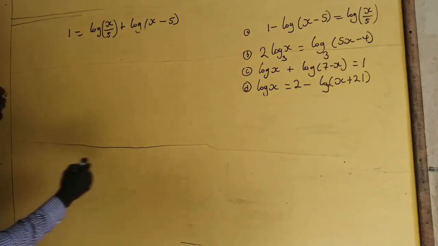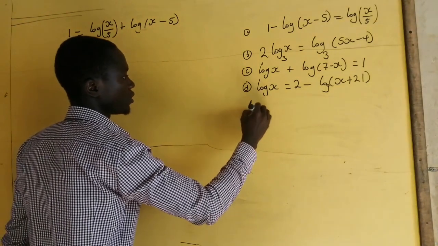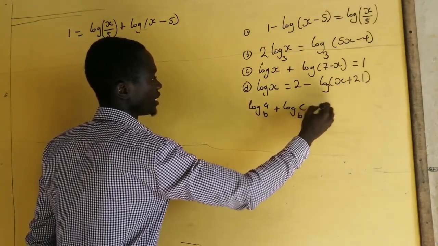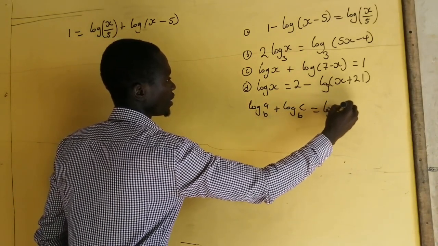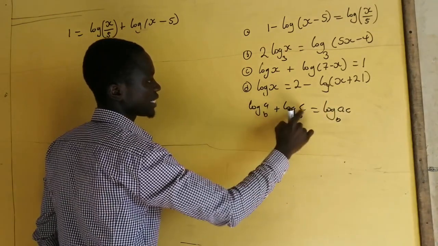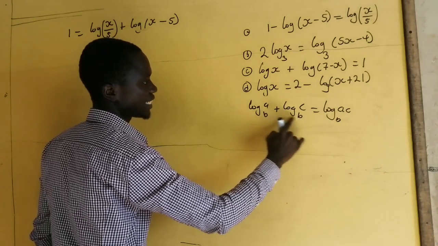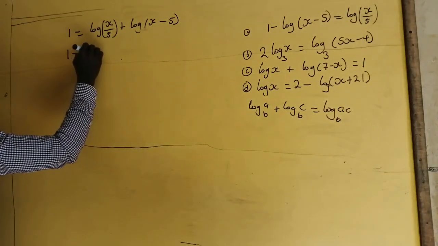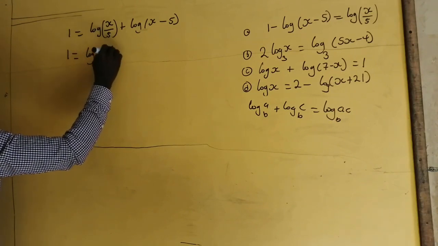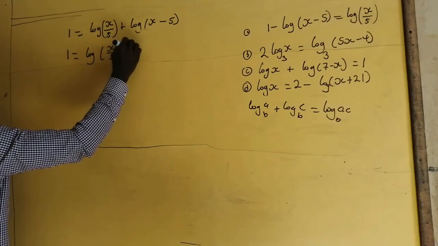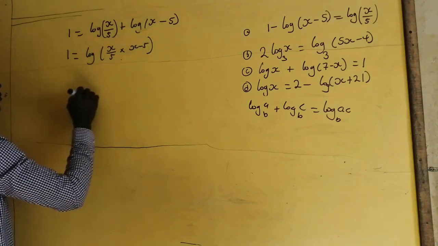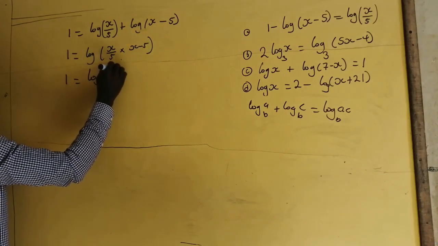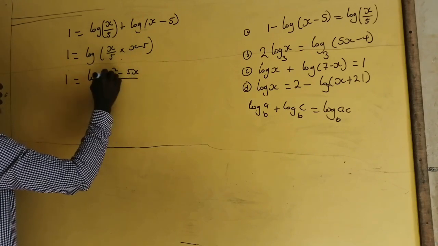Now, we know that if we have log A base B plus log C base B, then we have log of AC base B. That is, we multiply the numbers if we are adding with the same base. So we are going to have 1 equal to log of x divided by 5 times x minus 5. That will give us 1 equal to log of x squared minus 5x divided by 5.